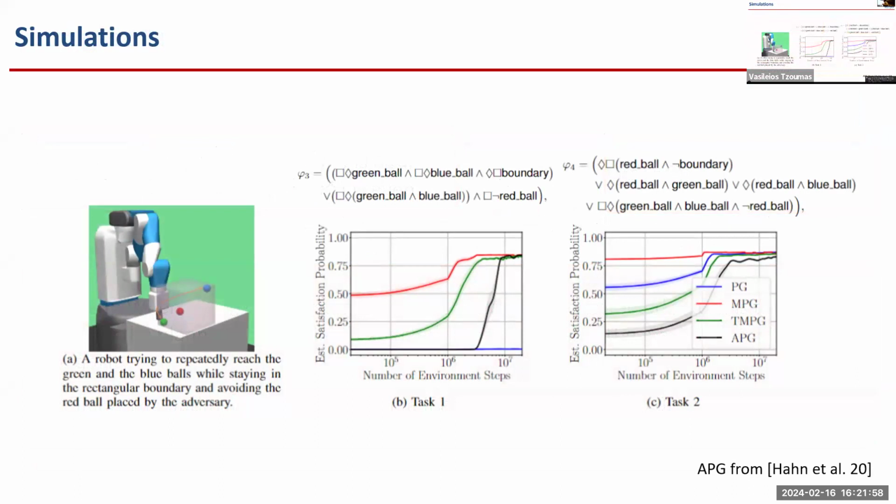These are some simulations trying to simulate that in a Gazebo simulation, where there are two different tasks, and we have one player which is the planner, and the other is the adversary who is trying to prevent this task from happening.